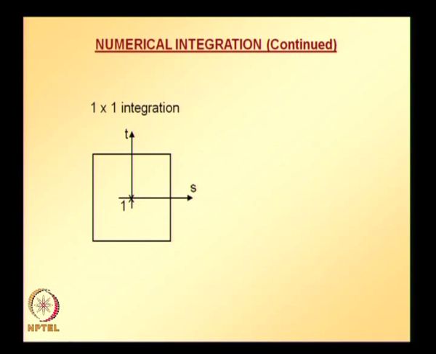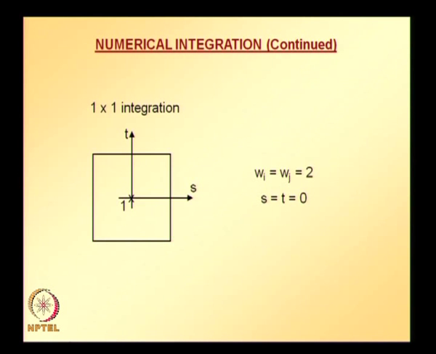So, now let us look at how to get the coordinates for 1 by 1 integration. In the s direction the location is at s is equal to 0, in the t direction the location is at t is equal to 0.